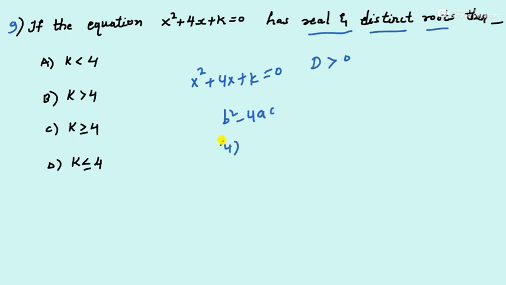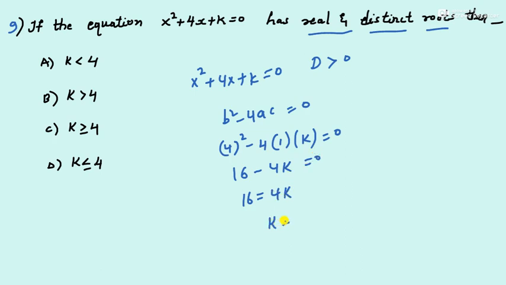It is 4 square minus 4 into a into, what is k? k itself, c is k. So this is 16 minus 4k. I am equating this to 0. Now k is equal to 16 by 4. How much are you getting? 4. So k is equal to 4.